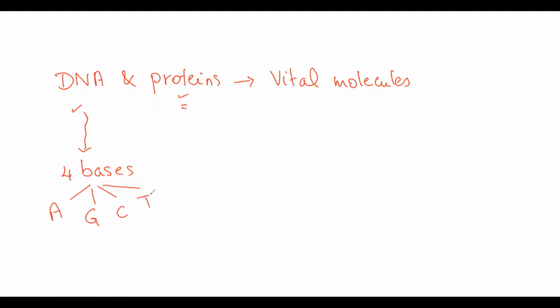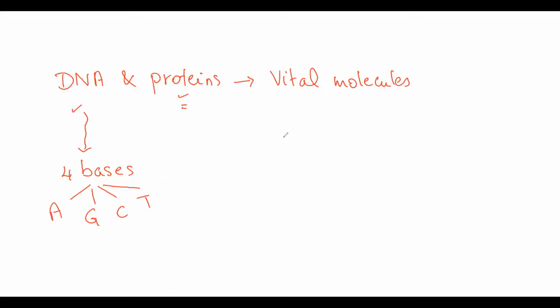So biologists compared, because these bases are arranged in a certain sequence on the DNA molecule. The biologists compare the sequences of these bases on the DNA of organisms in order to know whether they are of the same species or not.